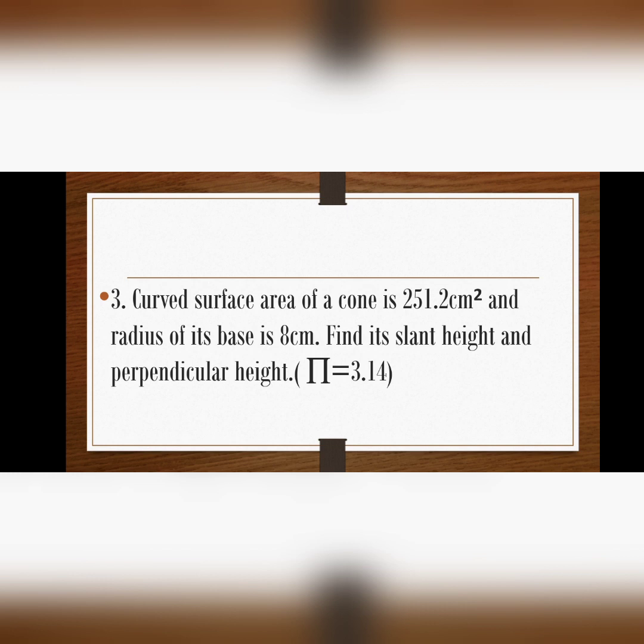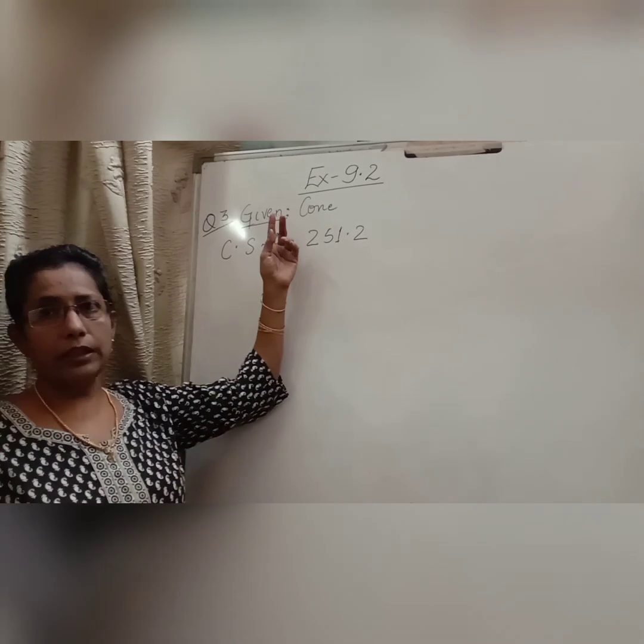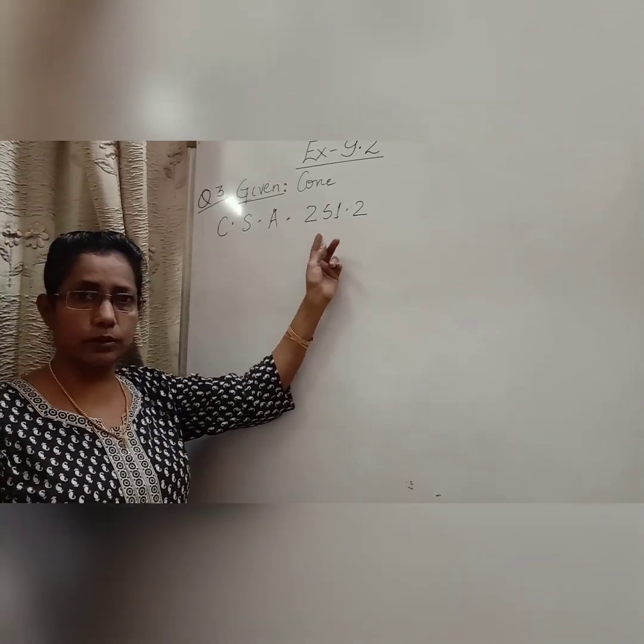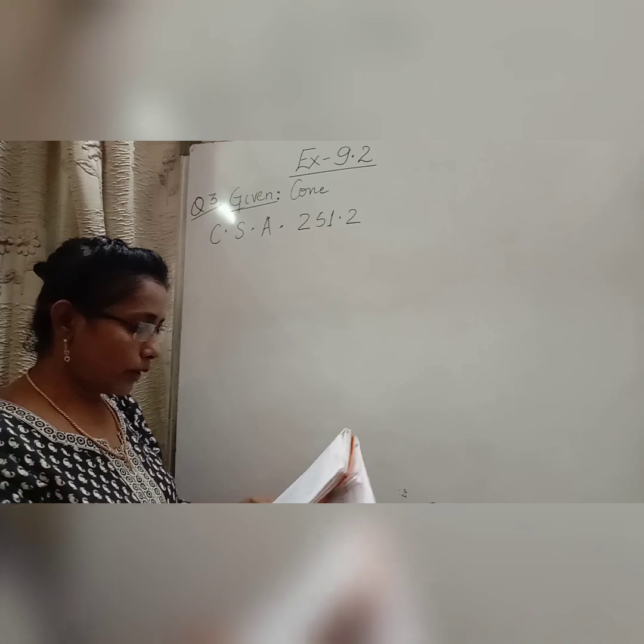Question number 3. Curved surface area of a cone is 251.2 centimeter square and radius of its base is 8 centimeter. Find its slant height and perpendicular height. Pi is equal to 3.14. In this question, cone is given. Curved surface area is 251.2 square centimeter.